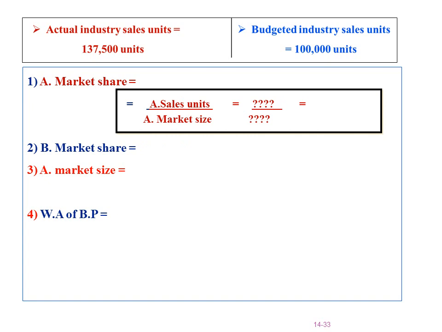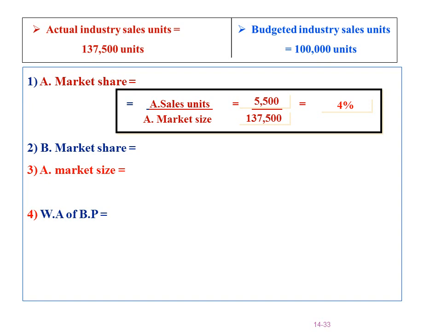Actual sales divided by actual market size. This is my actual sales of all products, 5,500, and here also I have the actual market. From the top of my slide here, the percentage will equal 4%.